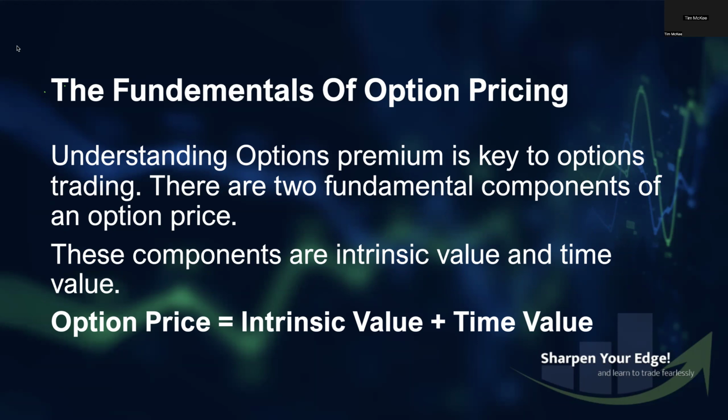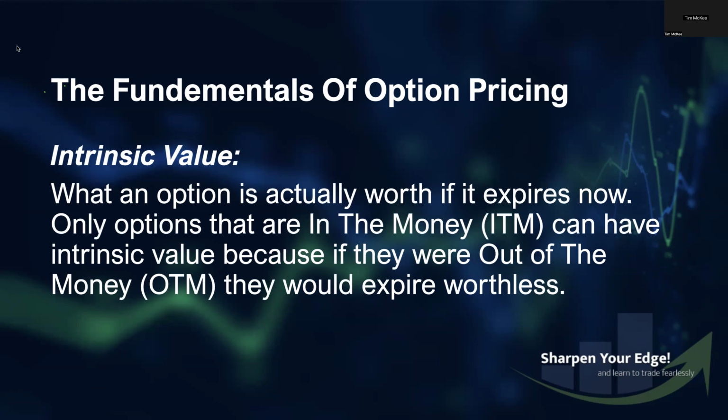Intrinsic value, and I think that's on the next slide, what an option is actually worth if it expires now is the intrinsic value. Now, only options that are in the money, ITM, can have intrinsic value, because if they were out of the money, they'd expire worthless. But until expiration, even being out of the money still derives value.